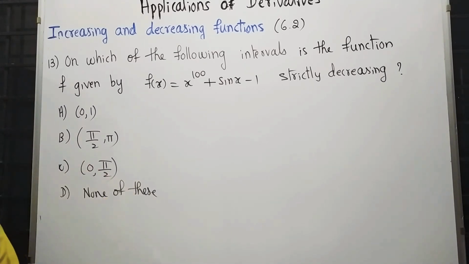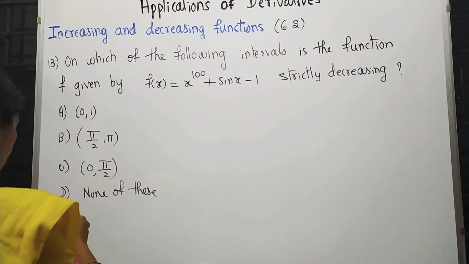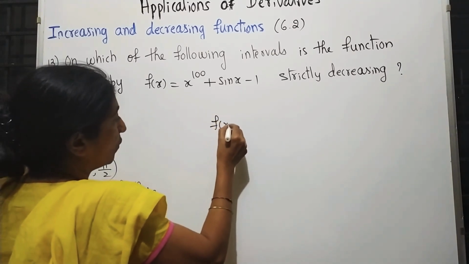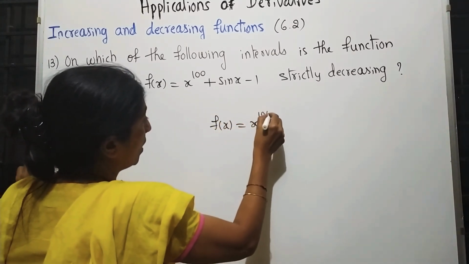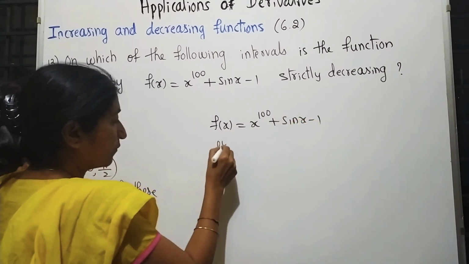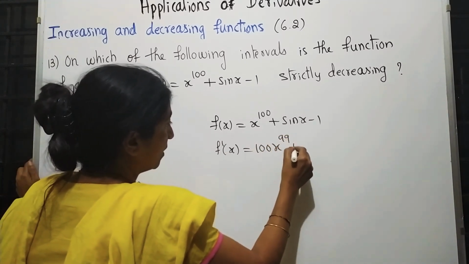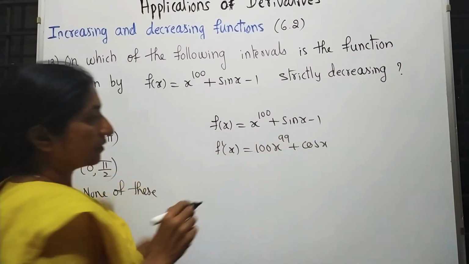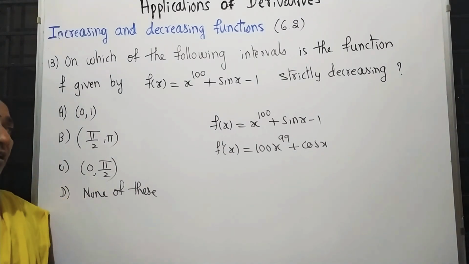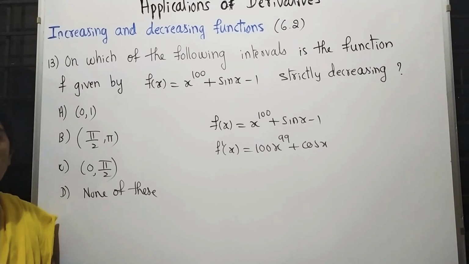See here, first we have to go for, as usual, differentiation. F of x is x raised to 100 plus sin x minus 1. First derivative is 100 into x raised to 99 plus cos x. If you are thorough in the first year trigonometry, easily you can answer. What is the least value of cos x? Minus 1.